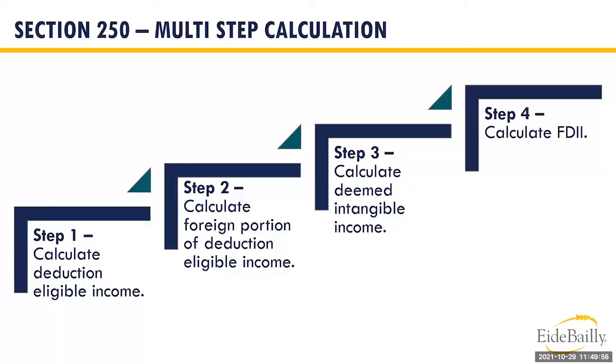Step two is calculating the foreign portion of the deduction eligible income. In that case, you're taking your foreign sales or services, applying relevant cost of goods sold, and then allocating deductions to the foreign sales and services, to come up with your effectively net taxable income that would be considered foreign.